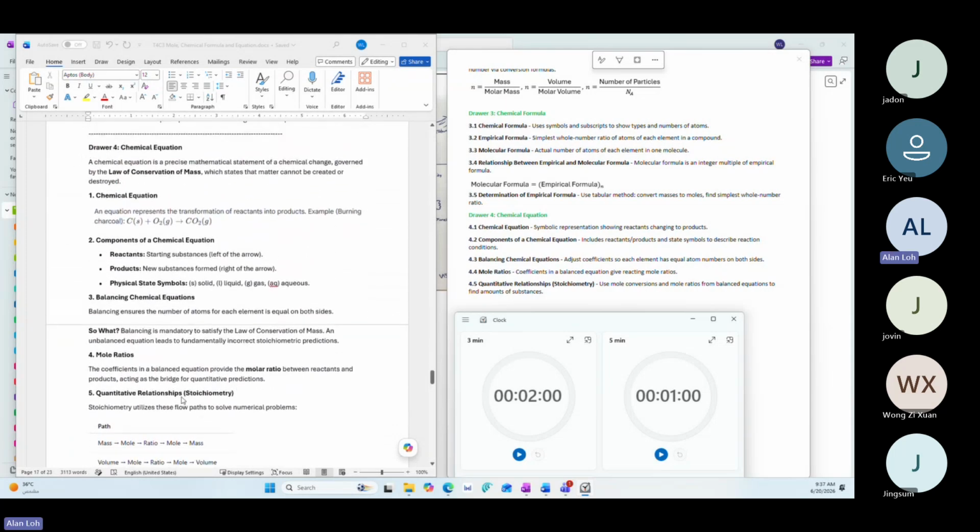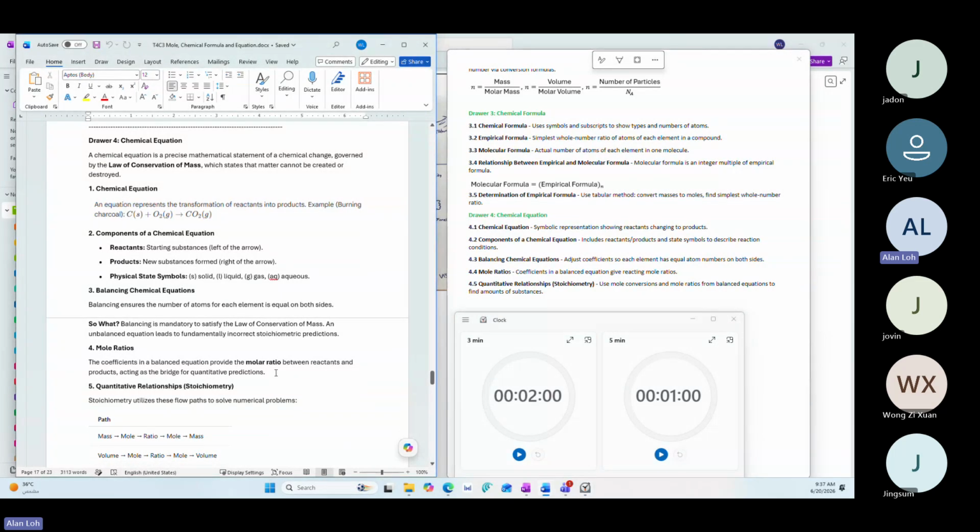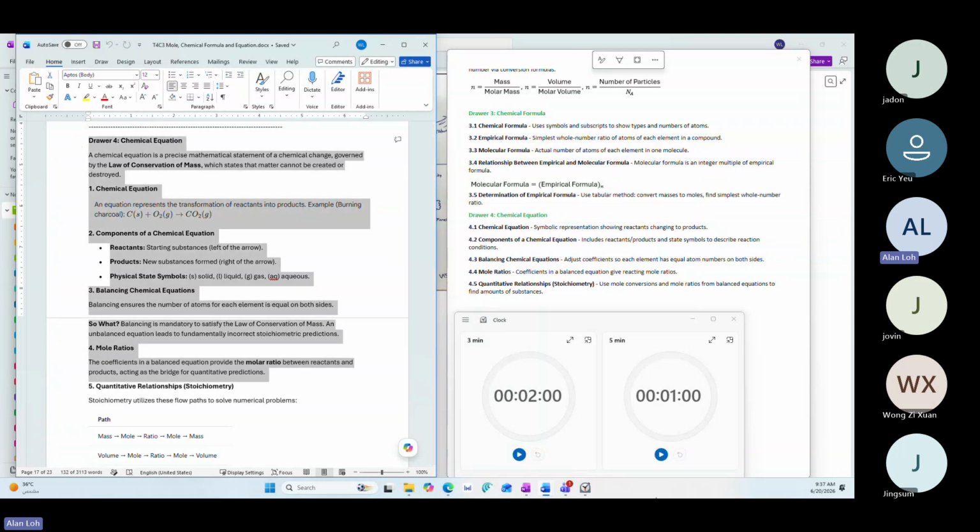All right, from drawer 4 until this number 4. All right, here. Let's do 1 minute for this one.